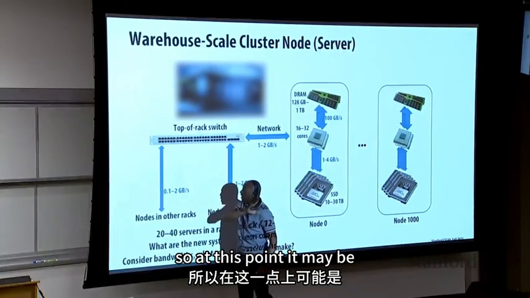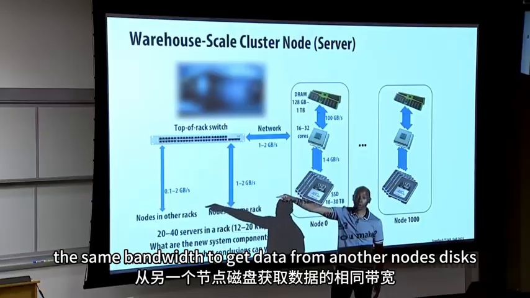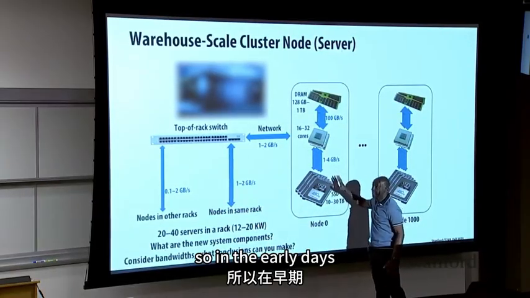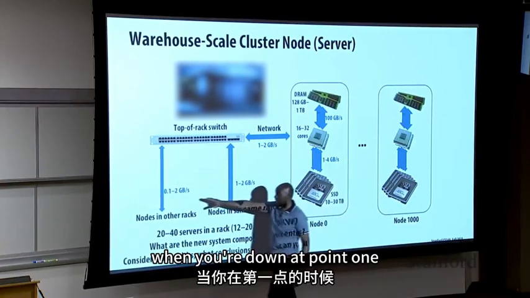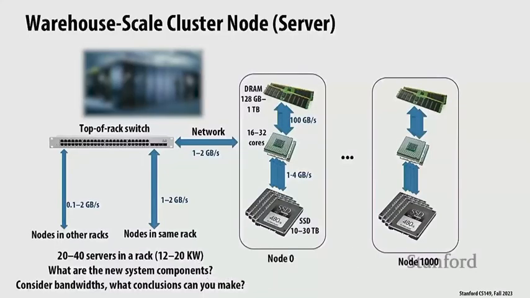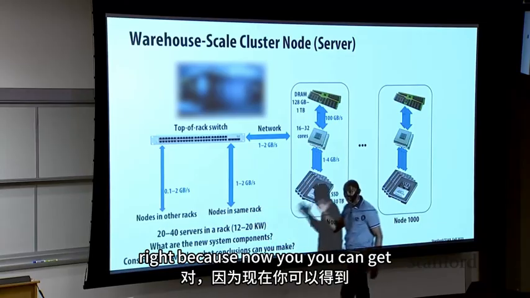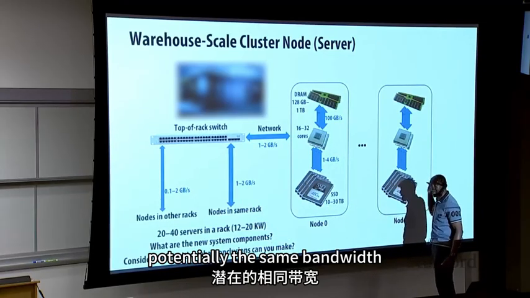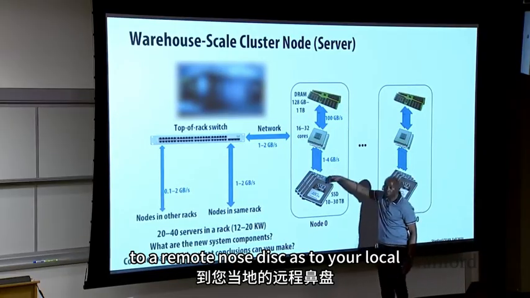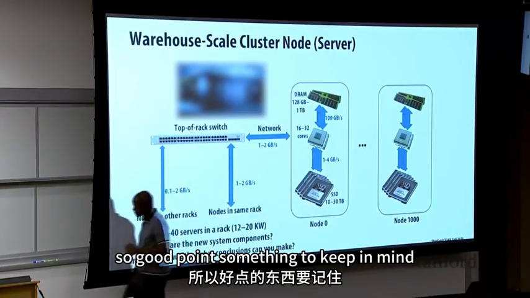So at this point, it may be the same bandwidth to get data from another node's disks as it is from your local node's disk, right? In the early days, that was certainly not the case, when you're down at 0.1. But when you get up to 2 gigabytes per second, now the picture's changing, right? Because now you can get potentially the same bandwidth to a remote node's disk as to your local disk, okay? So, good point, something to keep in mind. All right.